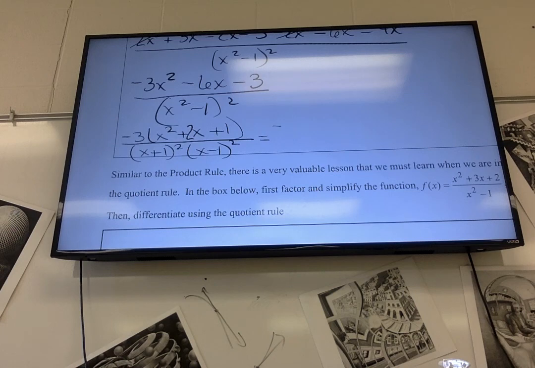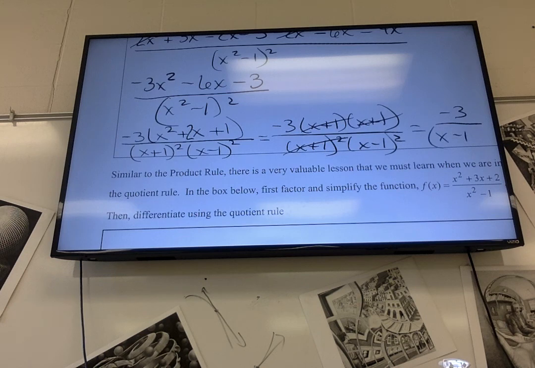Okay, so then factor. Yeah, that turns into x plus 1 times x plus 1. So the x plus 1 squareds cancel. You get negative 3 over x minus 1 squared, which is what we were trying to get, right? Yeah. Woo, woo.